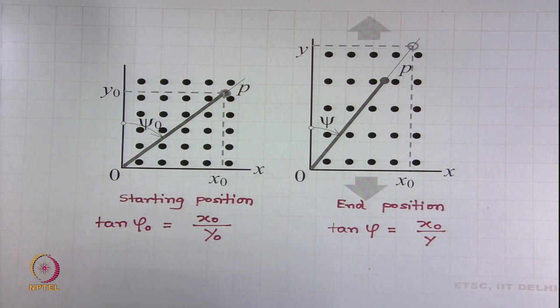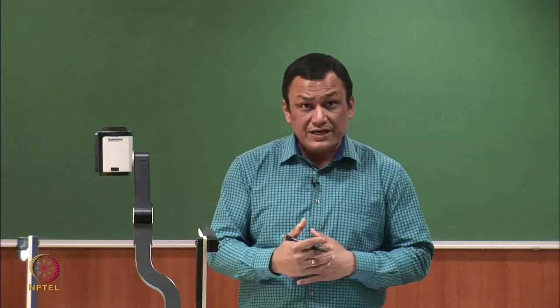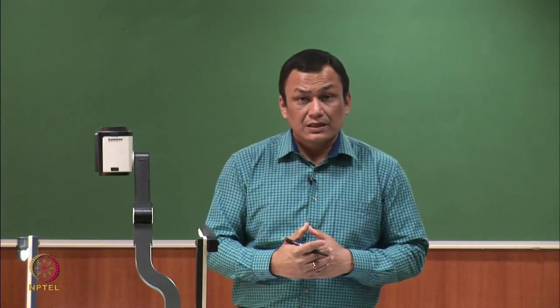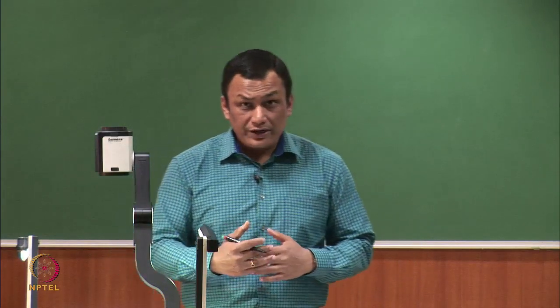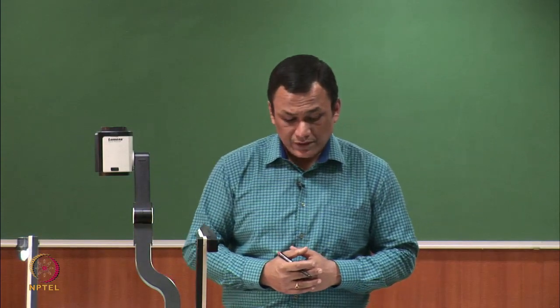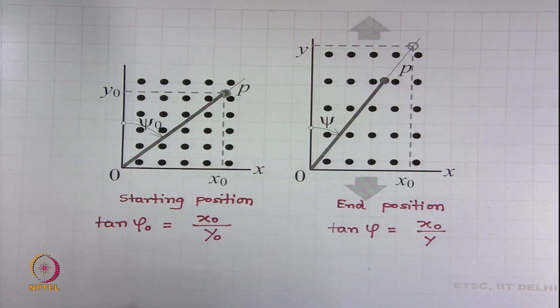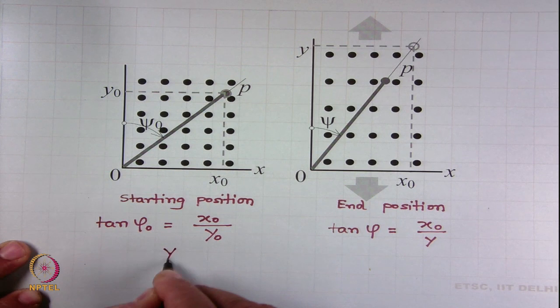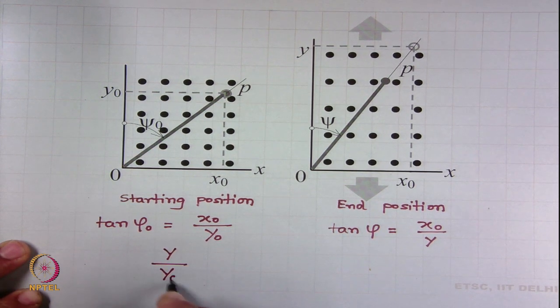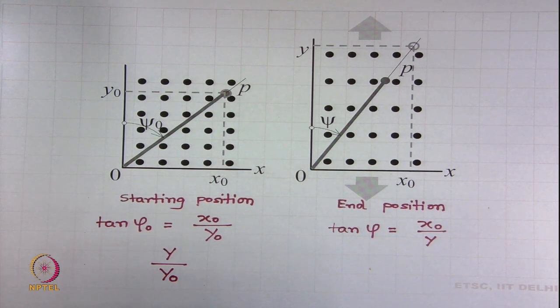Now, the relative change along the ordinate, y by y naught, this ratio is greater than 1.